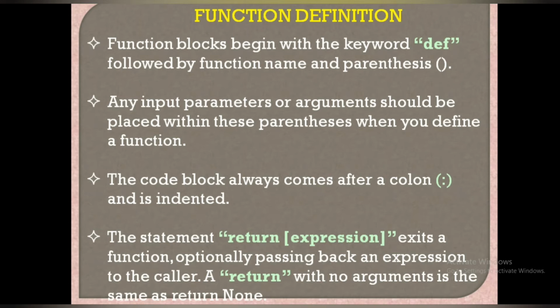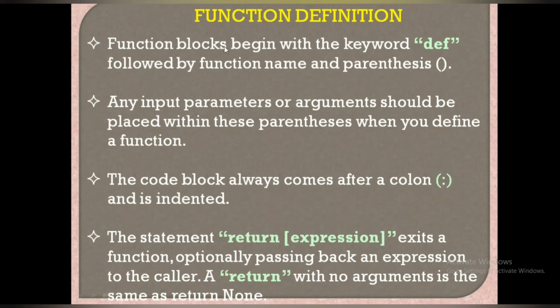After this keyword you must specify the name of the function. After the function name we put parenthesis. If you want to pass any parameters, you can pass them within this parenthesis. Otherwise we just use an empty parenthesis. After finishing this function definition we put a colon.